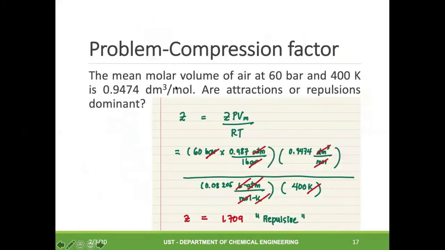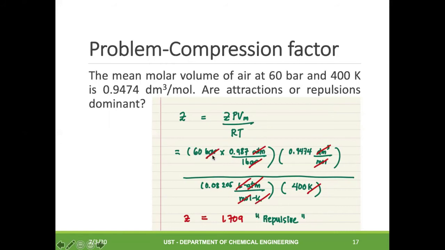Now, let us solve one problem on compression factor. The mean molar volume of air at 60 bar and 400 Kelvin is 0.9474 cubic decimeter per mole. Are attractions or repulsions dominant? So we will solve Z here. Z is equal to PVm over RT.